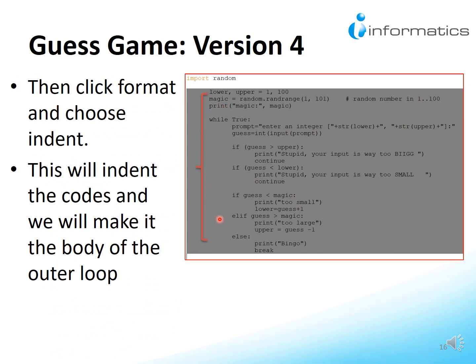Once you choose this portion, you can click the format menu and choose indent. The system will indent the chosen part one tab to the right, and it will become part of the outer loop.